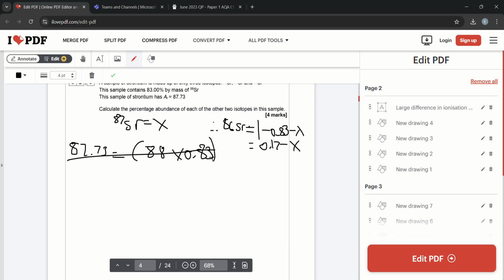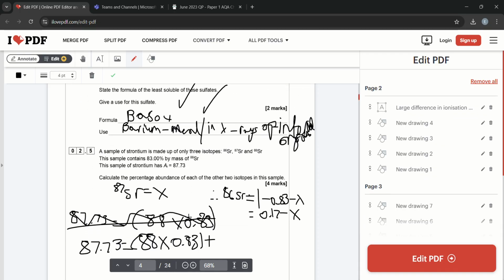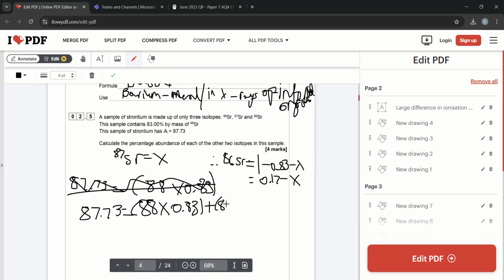So we get 87.73 equals 88 times 0.83 plus 87 times x plus 86 times (0.17 minus x).